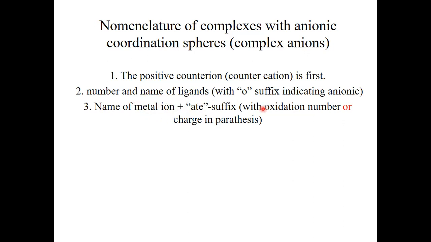And after that, you can either place the oxidation number in Roman numerals behind the name, or you place the charge of the anion in parentheses behind the name. So both are possible. So let us do this with one example.